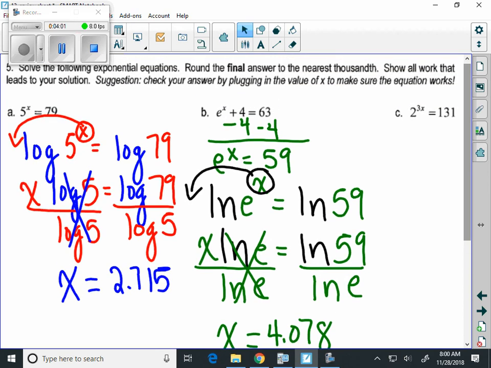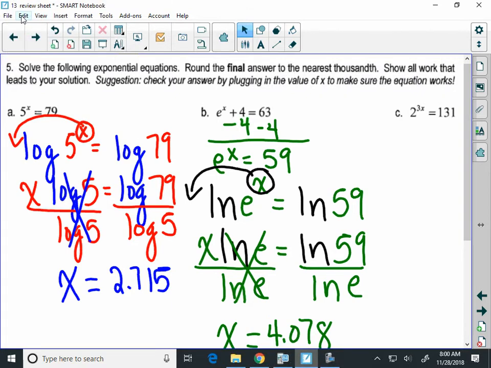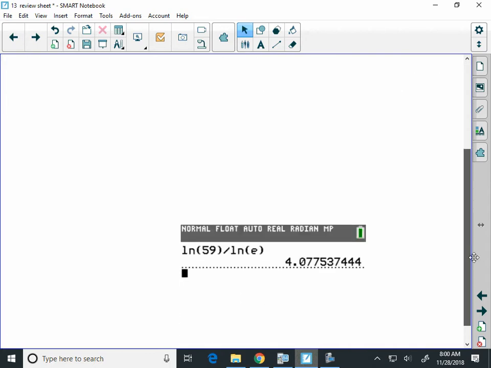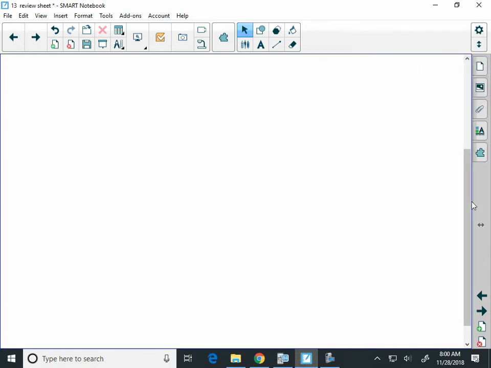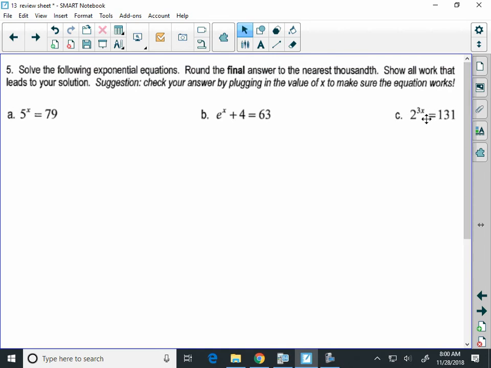Going to erase this stuff so that we have room for part C here. I'll have to delete this as well. But now when we look at letter C, I'm going to scoot this over so we can see it. Same idea.